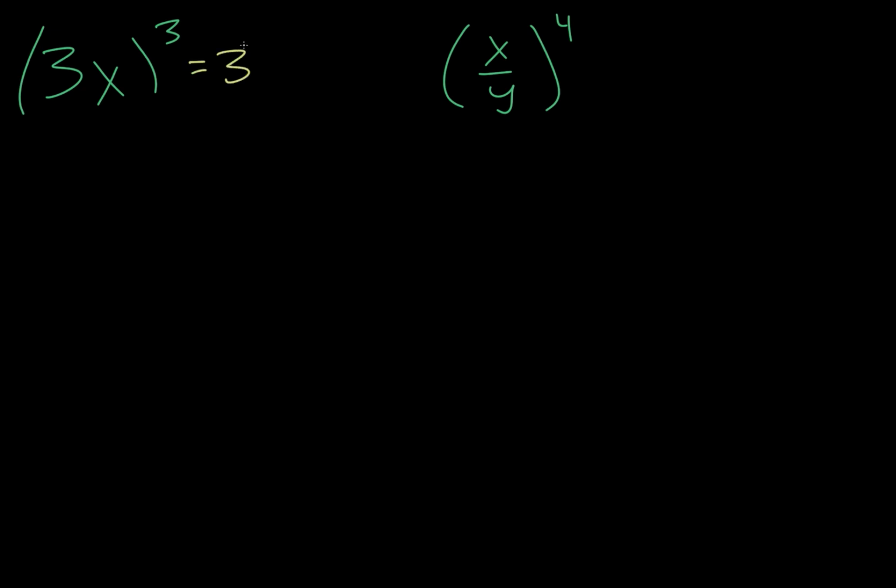So this can become 3 to the 3 times x to the 3. 3 to the 3 is 27, and then we just have x cubed. This one we distribute the 4 to both pieces, so we get x to the 4 over y to the 4, and that's all we need to do on that one.